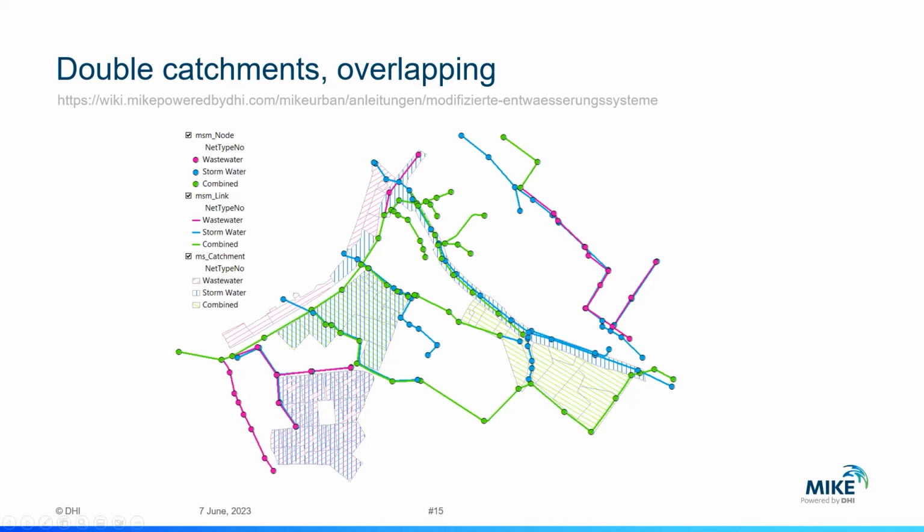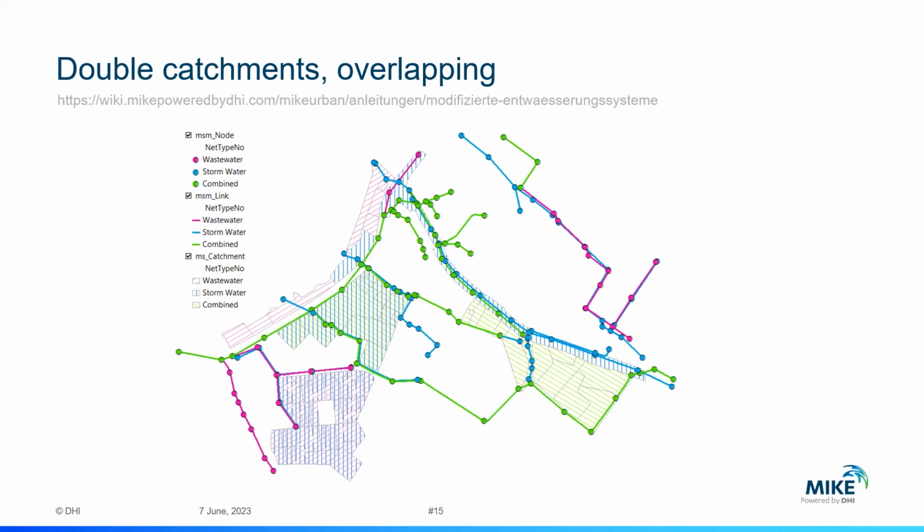and the stormwater one responsible for the other part. But to work with that, you have to double the catchments and split the imperviousness or the impervious areas, the runoff generating area between both catchments. That's a lot of manual work.